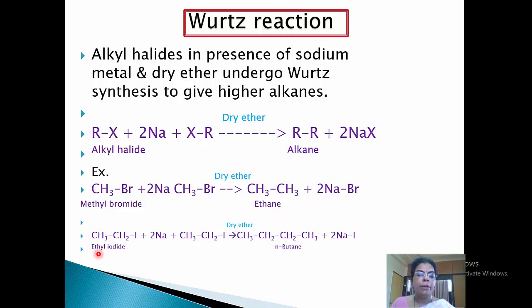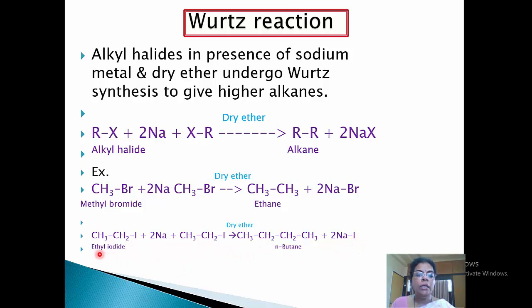Then second example, if ethyl iodide, that is CH3CH2I, is treated with sodium metal in presence of dry ether, it gives CH3CH2CH2CH3. That is, this CH3CH2 gets attached to this CH2CH3 and NaI is removed to give twice NaI.